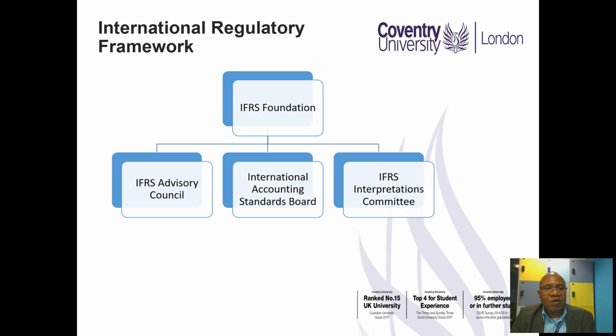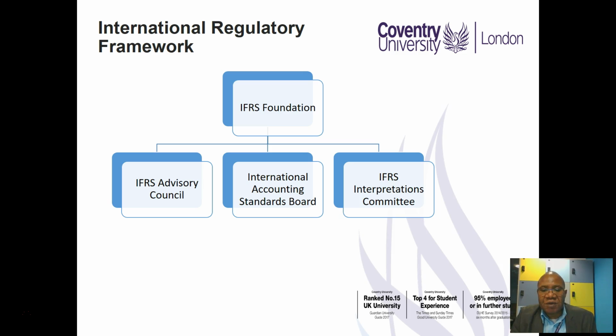The composition of the International Accounting Standards can be depicted diagrammatically in the diagram that you have in front of you. The IFRS Foundation is the main body. Underneath the IFRS Foundation, you have the IFRS Advisory Council, the International Accounting Standards Board, and the IFRS Interpretations Committee. The Advisory Council advises the International Accounting Standards Board on standards that are being developed.